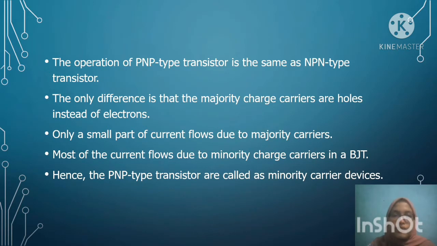The only difference is that the majority charge carriers are holes instead of electrons. Only a small part of the current flows due to majority carriers. What I want to highlight here is that most of the current flows due to minority charge carriers in a bipolar junction transistor. Hence, the PNP type transistor is called a minority carrier device.